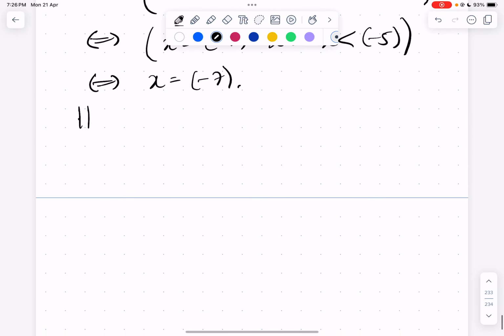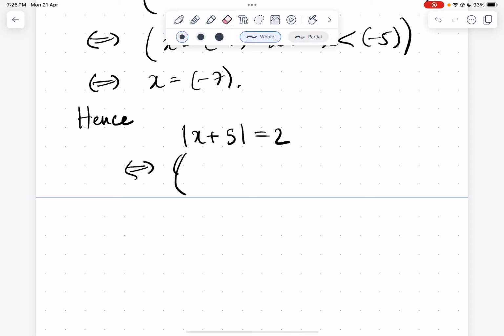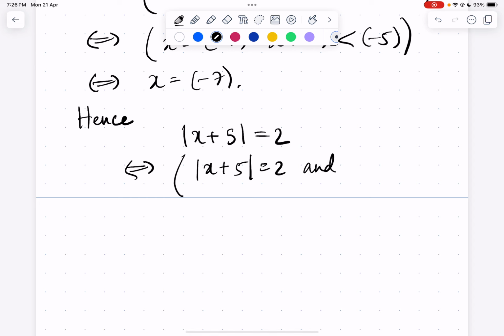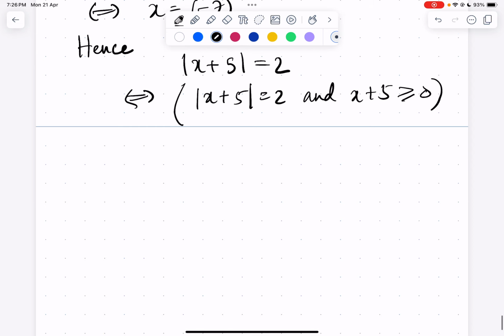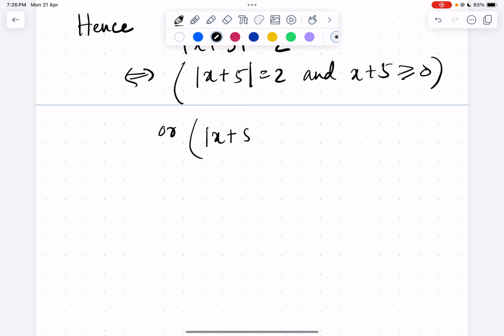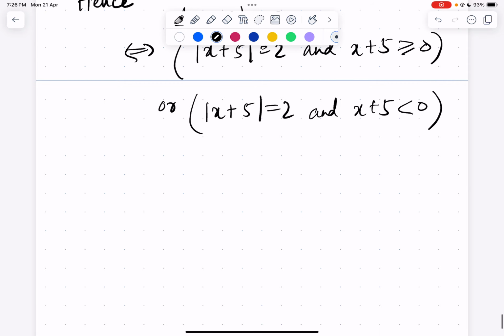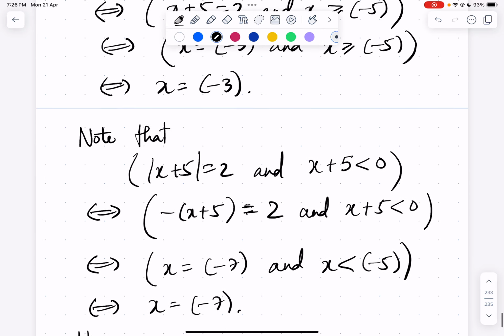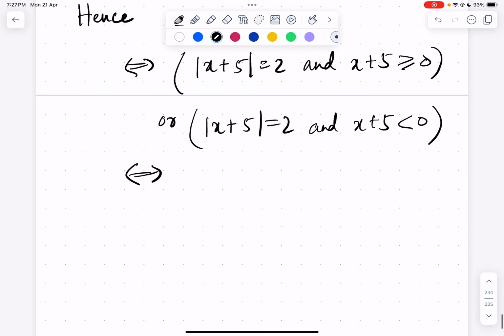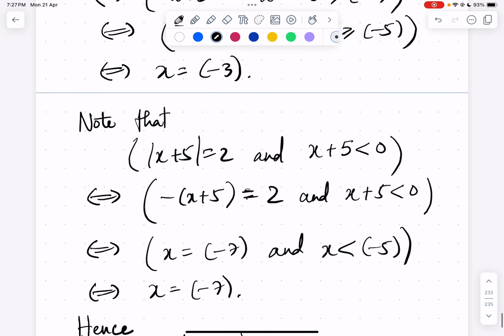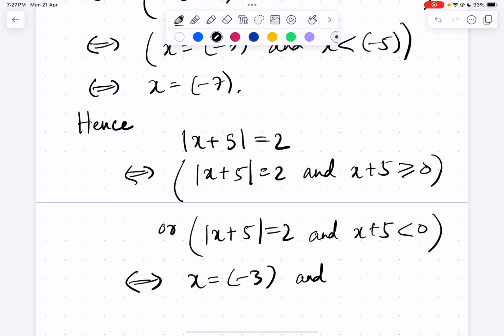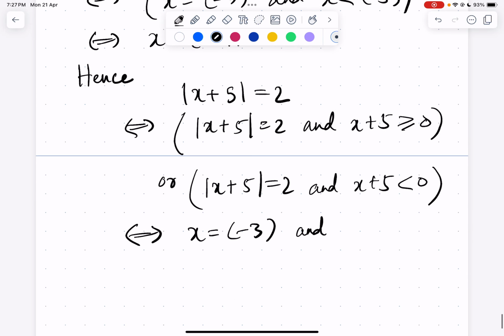Hence the original equation we are interested in, mod x plus 5 equals 2, since x is real, is same as saying mod x plus 5 equals 2 and x plus 5 is greater than or equal to 0, or mod x plus 5 equals 2 and x plus 5 is less than 0. We saw that the first is same as saying x equals minus 3, and the second is same as saying x equals minus 7.